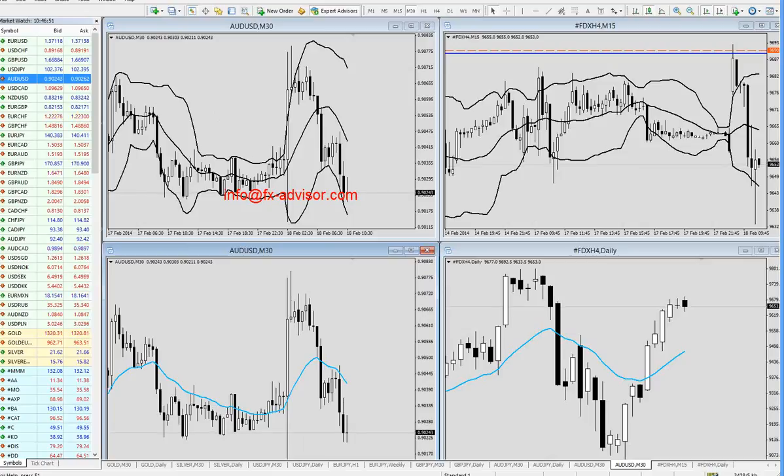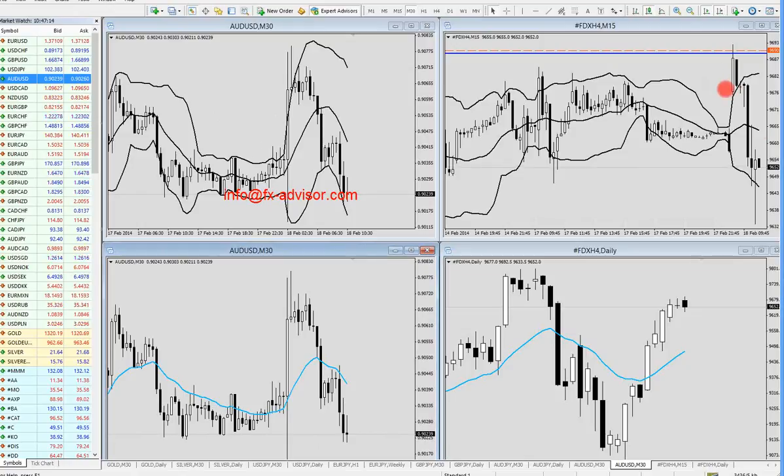But as we always repeat, quality is much more important than quantity. So it's better to miss 1 or 2 chances sometimes, like here with DAX.